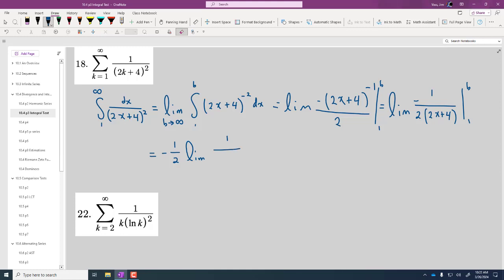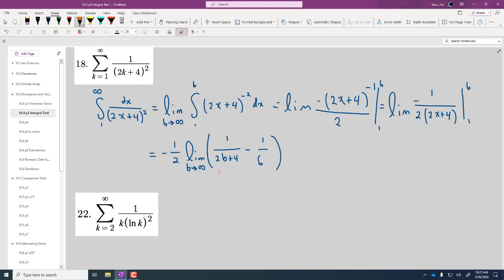So we're going to have 1 divided by 2b plus 4 minus, when we plug in a 1, we get a 6th. So there's our limit. And this is as b is going to infinity.